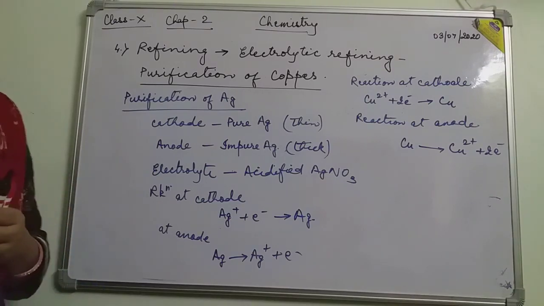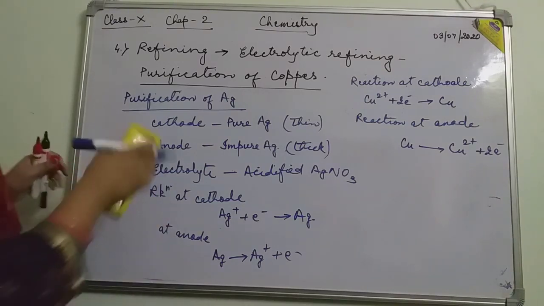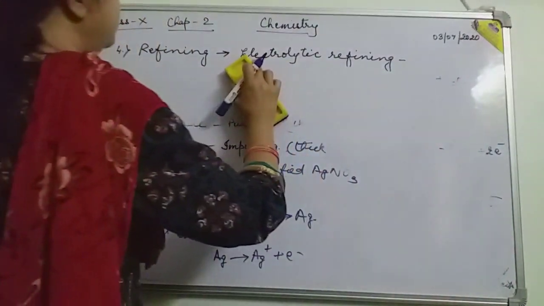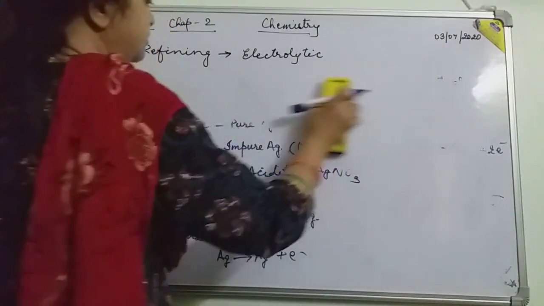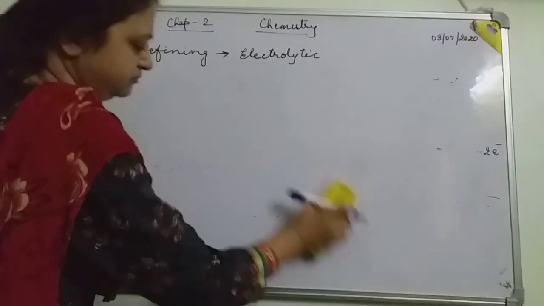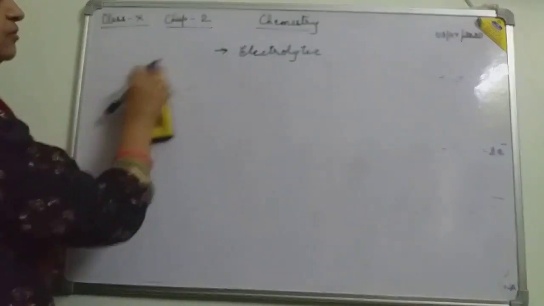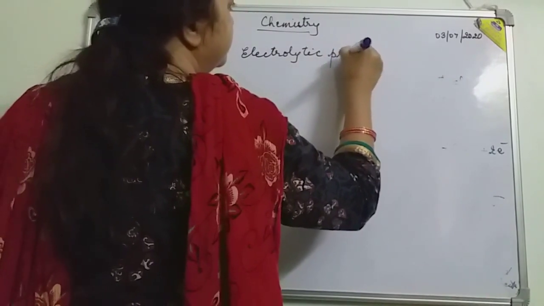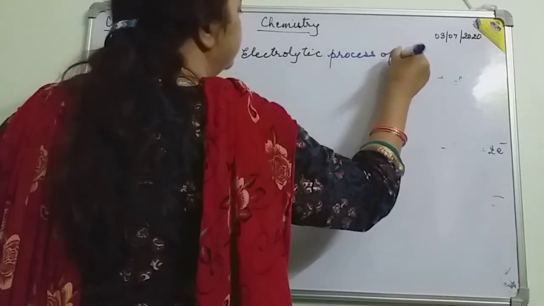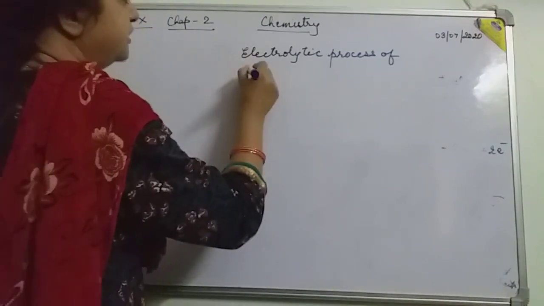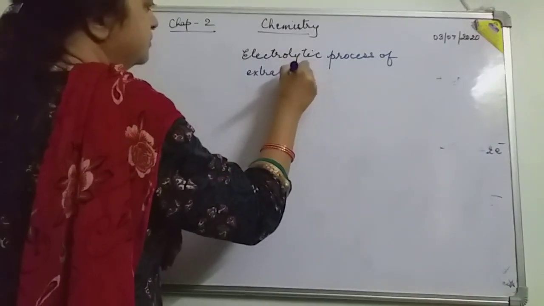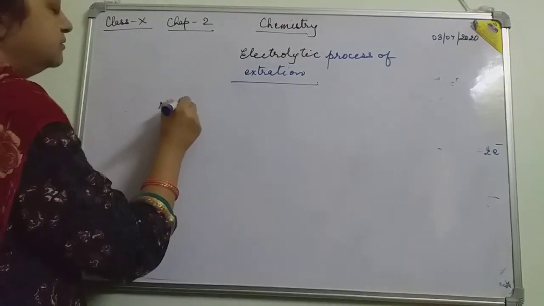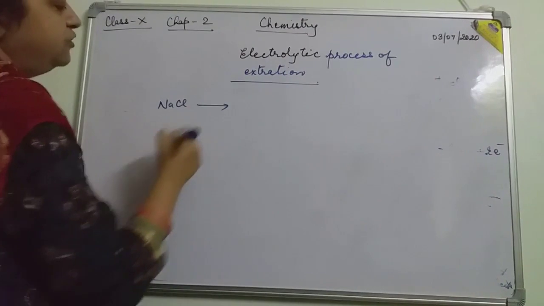And next, this is not refining now, this is the electrolytic process of extraction. This is used for sodium chloride. What we have to do?